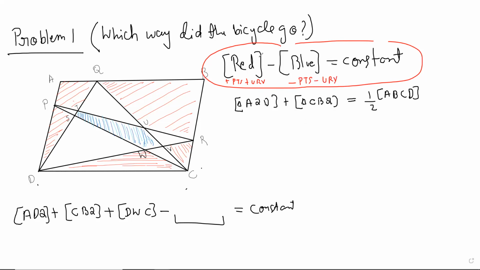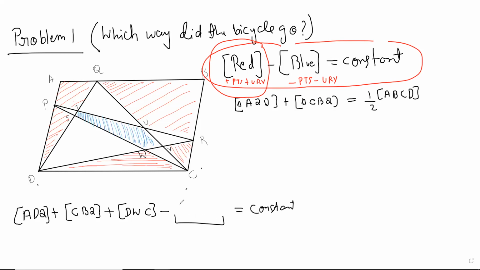So that's all, right? This thing becomes three triangles, ADQ, CBQ, and DWC. The new thing becomes this. And the blue region, instead of being this strange pentagon, also becomes simplified.